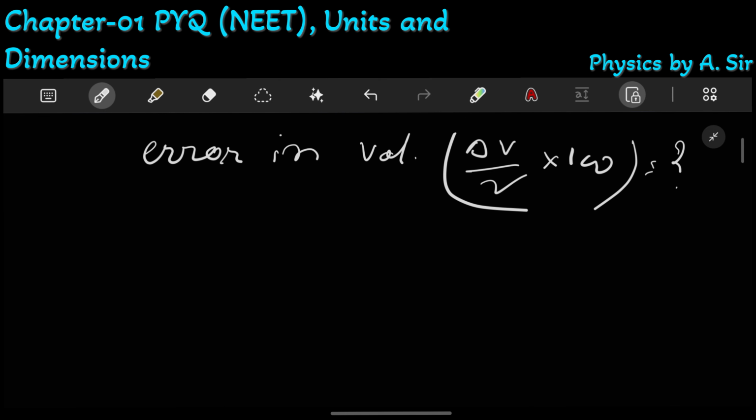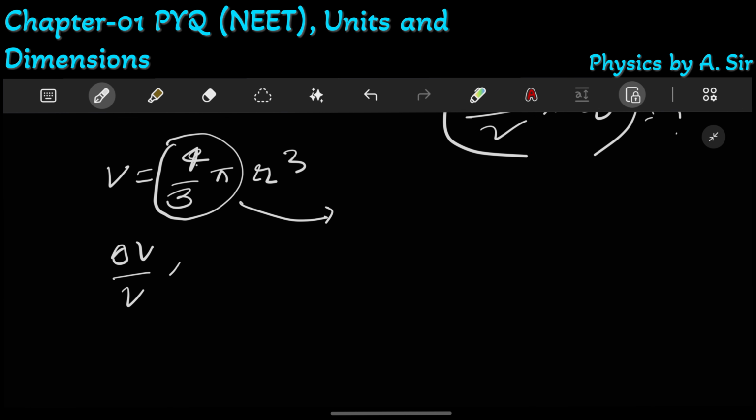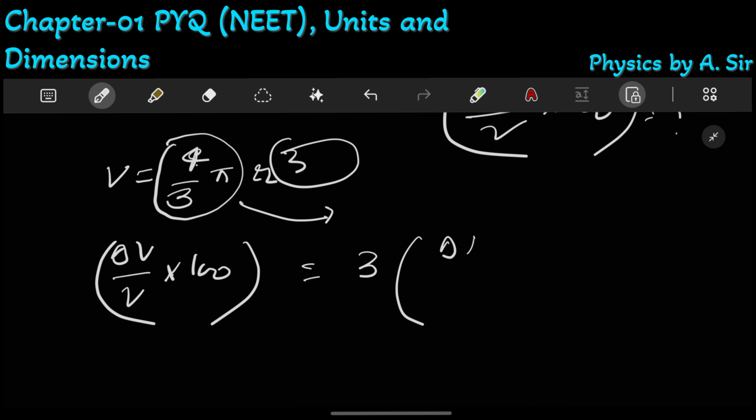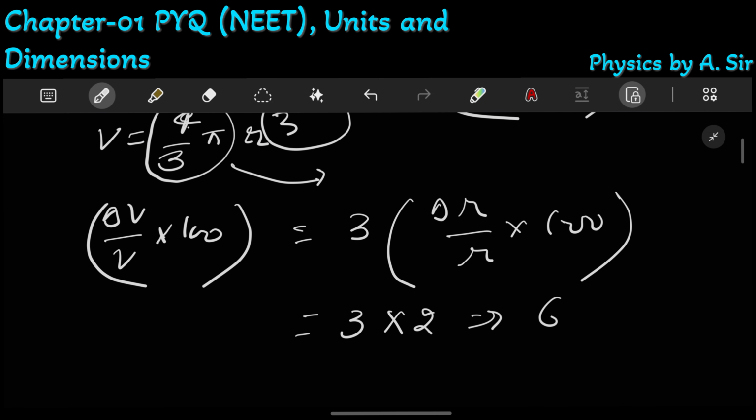It is quite simple. Volume of sphere V equals 4 by 3 pi r cube. As I have previously told, scalar constants give no error or dimension. That means del V over V into 100 equals 3 times the percentage error of r. So 3 into 2, that is 6%.